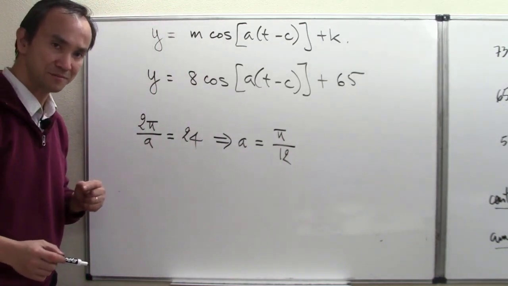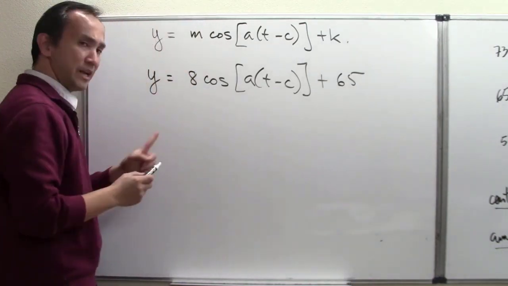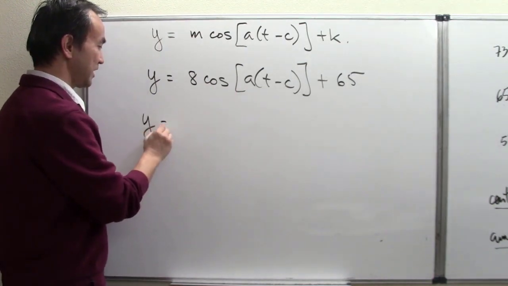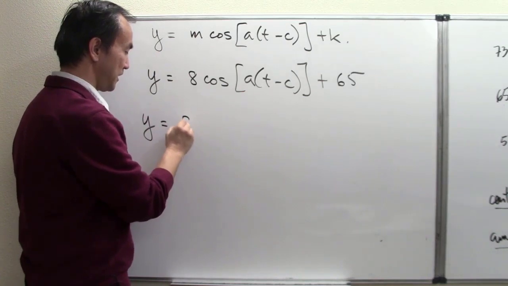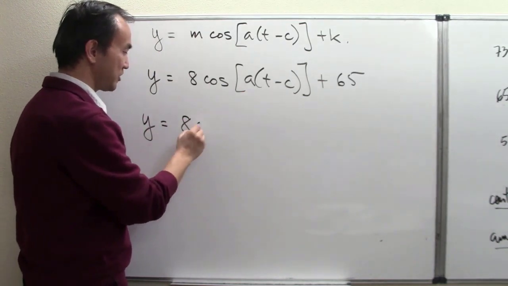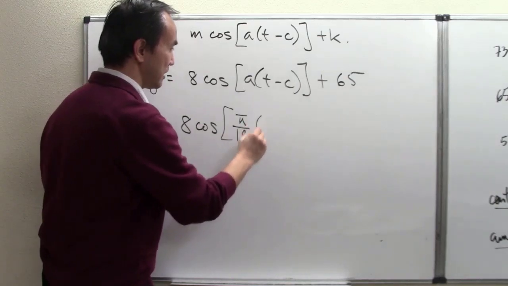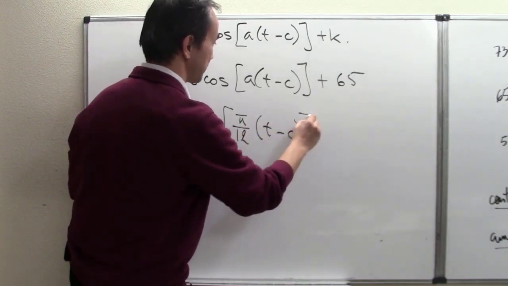Pi over 12. And now upon having a value calculated, I can further complete our function here. y equals 8 cosine of pi over 12 times t minus c plus 65.